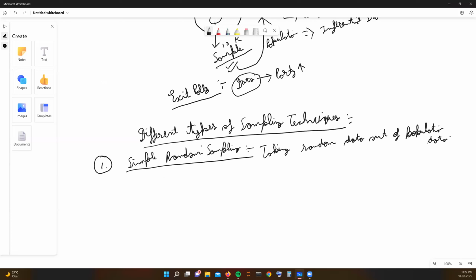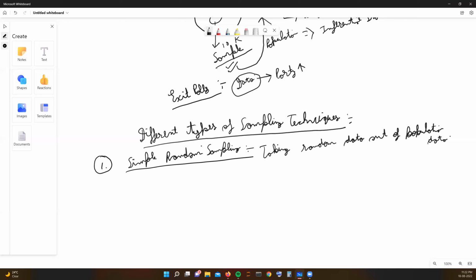So what happens in this type of sampling? Sometimes we are not able to know the distribution of the whole population, right? In this exit poll scenario, it may happen that news channels went to a certain region where the supporters of one party are majorly present, and they didn't go to any other region. They just randomly selected the region, and from there they did the sampling for these exit polls.